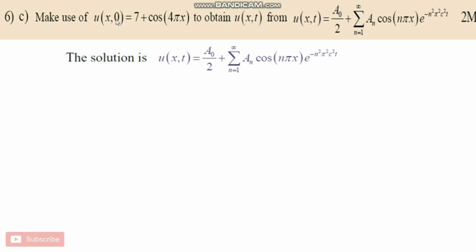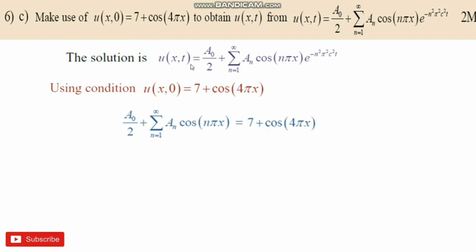Let us use the condition, the initial temperature distribution u x0 equals to 7 plus cosine 4 pi x. When t is replaced with 0 in this solution, we have obtained a naught by 2 plus sigma n is equal to 1 to infinity an cosine n pi x. When t is replaced with 0, e power 0 is only 1, that equals to 7 plus cosine 4 pi x.